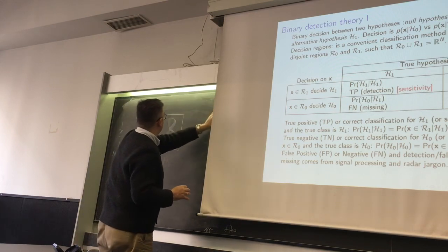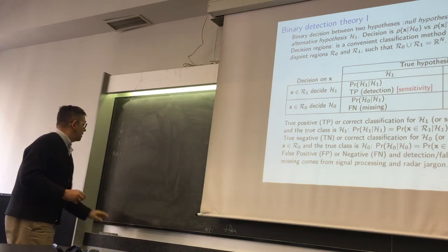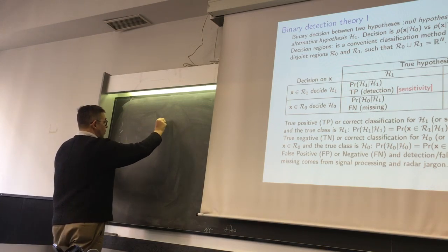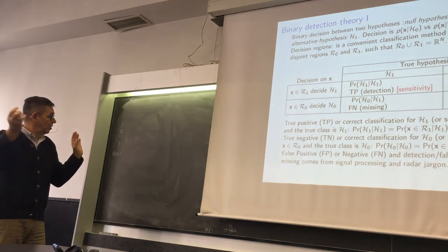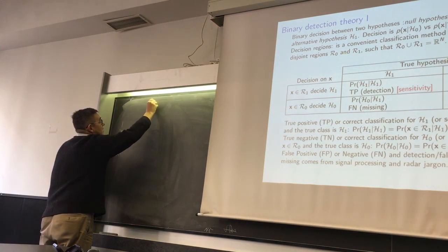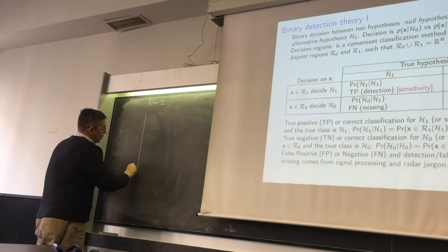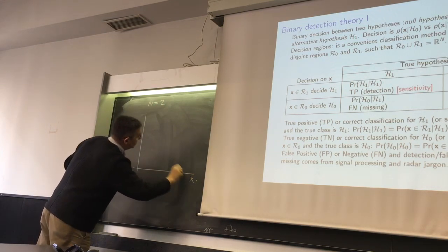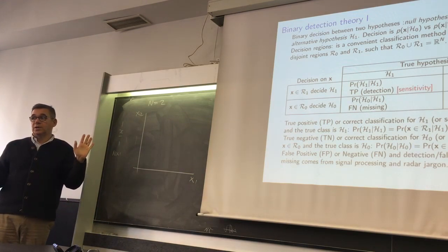So then, imagine that we have a vector x, and we imagine our n-dimensional space. Now, n-dimensional is too complex, so let me take the special case that n is equal to 2. So n equal 2 means that my vector is x1 and x2. But this is general for any dimension.